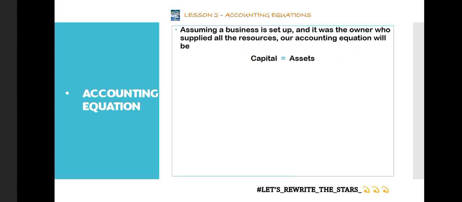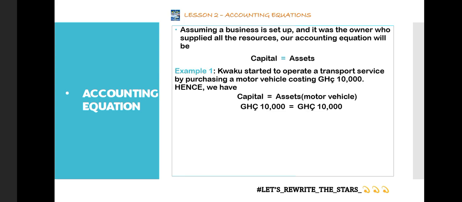Now let's pick a practical example to see how it is treated. Example 1. Kweku started to operate a transport service by purchasing a motor vehicle costing 10,000 Ghana cedis.